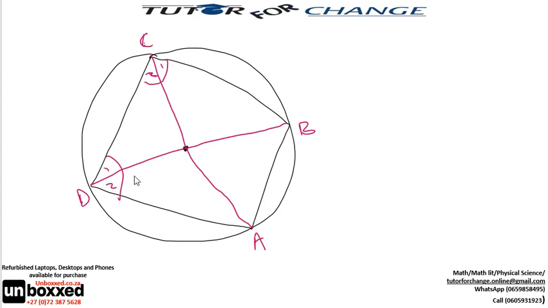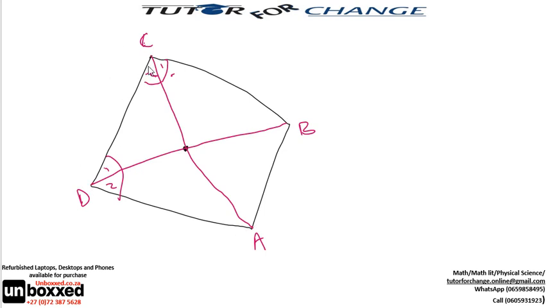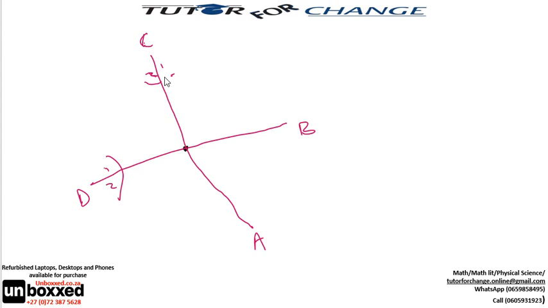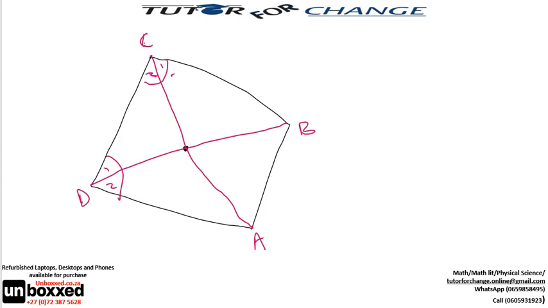So these are also properties of a cyclic quad: angles in the same segment have to be equal. If you didn't have a circle and you had to prove that this is a cyclic quad, and you can prove that this angle is equal to this angle, and this angle is equal to which one? It is subtended by CB. We search for a possible angle subtended by CB. We've got it, this one.